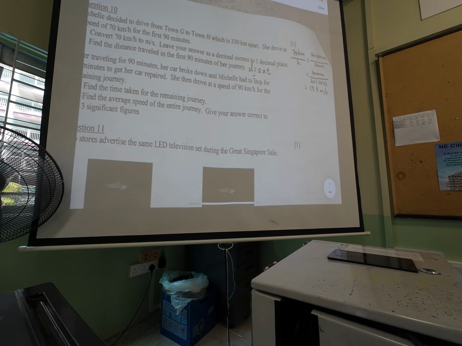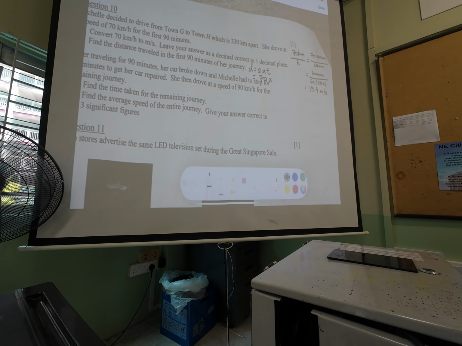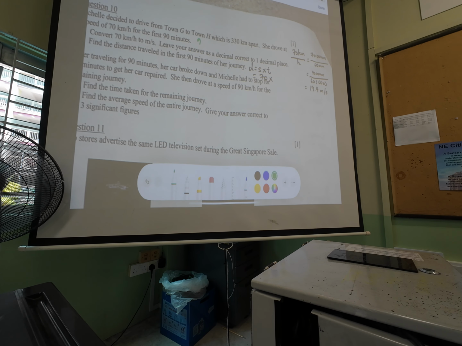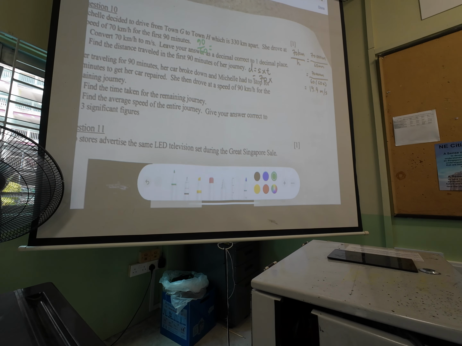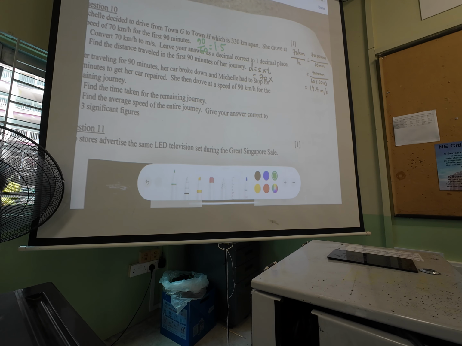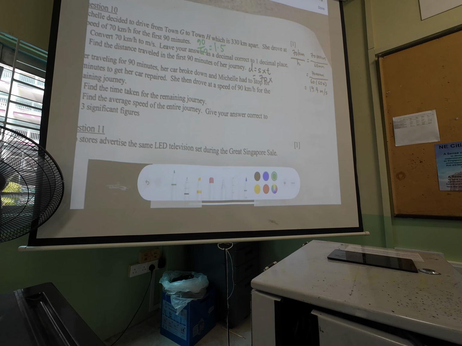The speed was 70. The time was 90 minutes. But 90 minutes is in minutes. My speed 70 is in kilometer per hour. If I want to multiply them together, I must change my 90 minutes to hour. So I will do at the side 90 divided by 60 equals to 1.5. So 90 minutes is 1.5 hours.